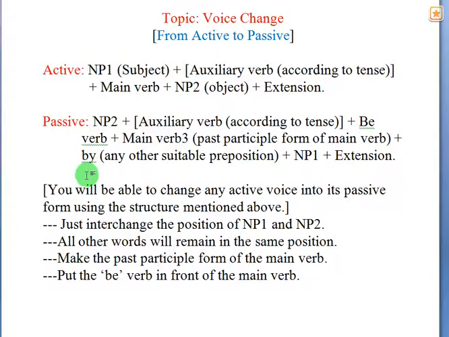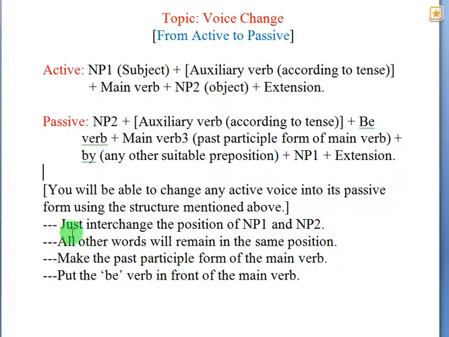While changing any active voice into its passive form, you will have to notice some factors that will help you understand the topic very easily. If you follow the one structure mentioned here, you will be able to change any sentence from active to passive.